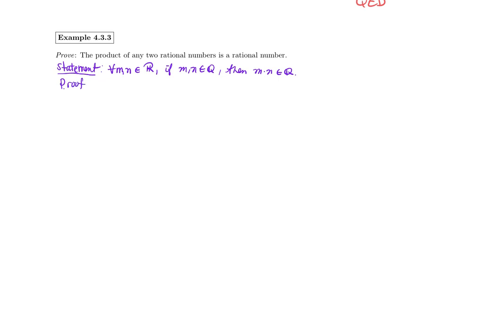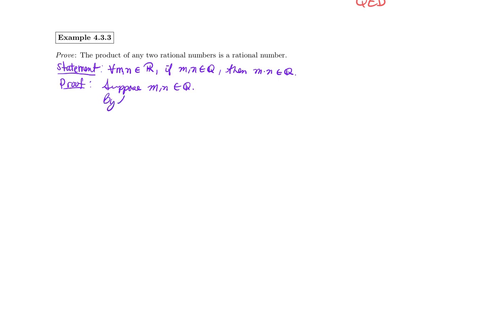So let's see if we know how to prove this. Well, we can suppose our hypothesis is true, which is that m and n are rational numbers. Let's use our definitions to help us out by expanding what m and n are equal to.